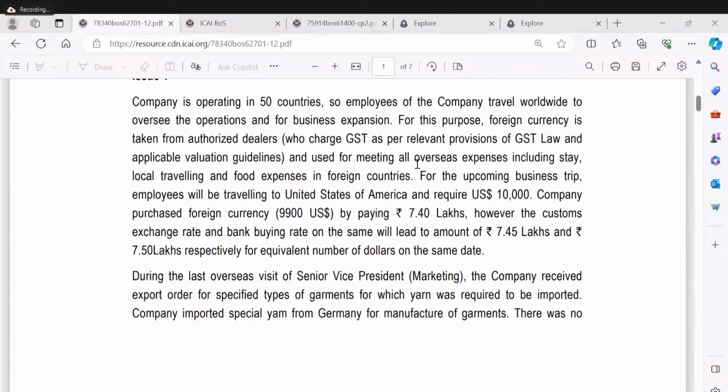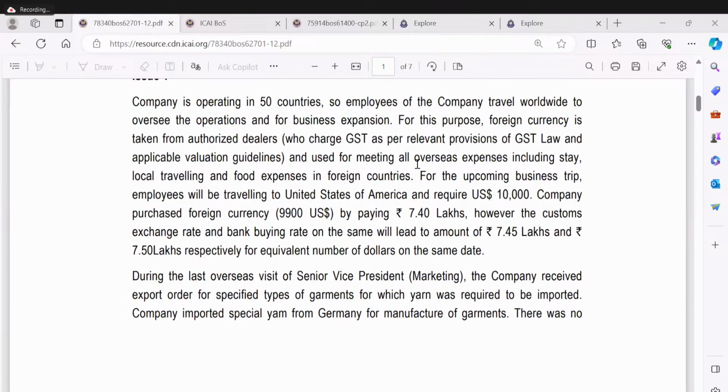Now, what will be the consideration or the value of supply which we will consider for the service of purchase of foreign currency which we are receiving from the bank? This purchase of foreign currency, at what value do we have to pay GST? For that, we have to go to the valuation rules because it is not expressly provided.